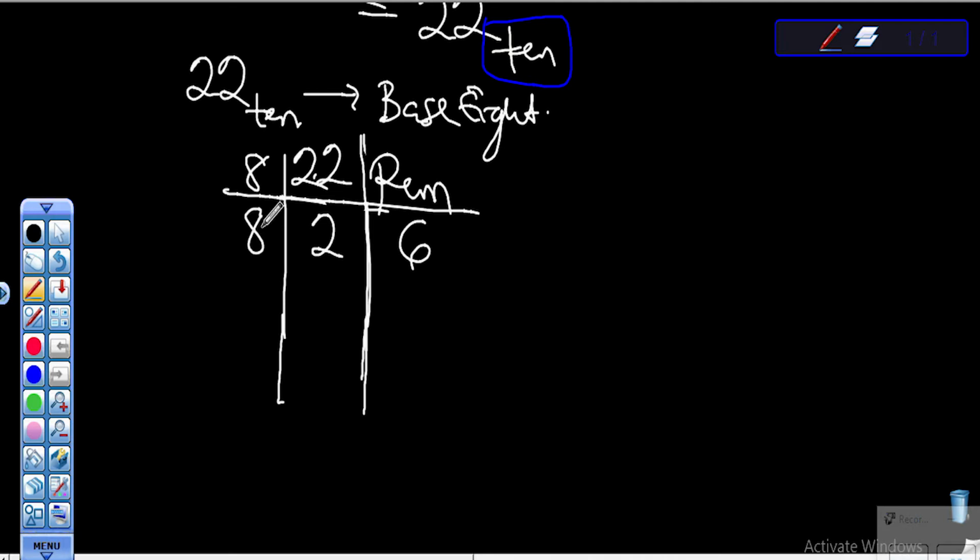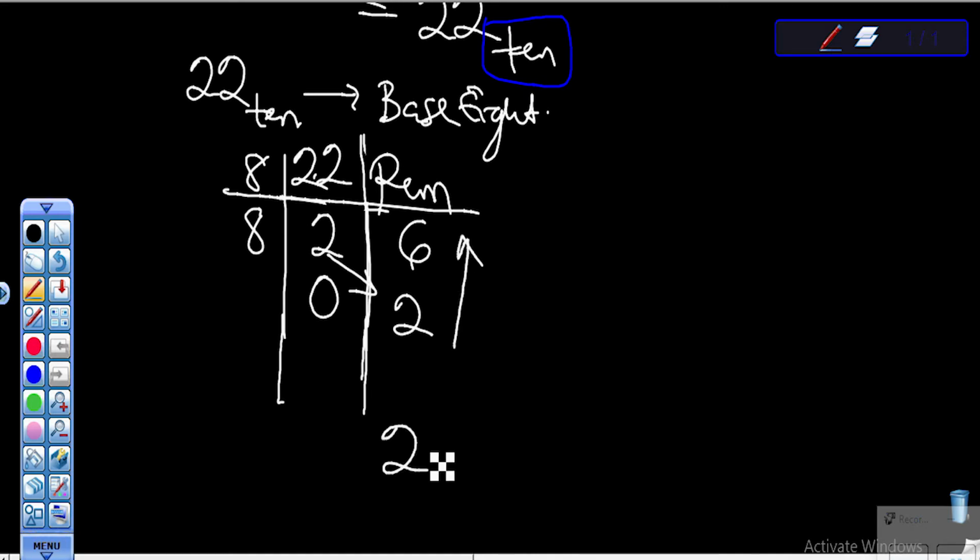Can 8 divide 2? The answer is yes. But in how many times? How many multiples of 8 do you see in 2? You see 0. Then you transfer the remaining figure this way. Write your figure from the base.